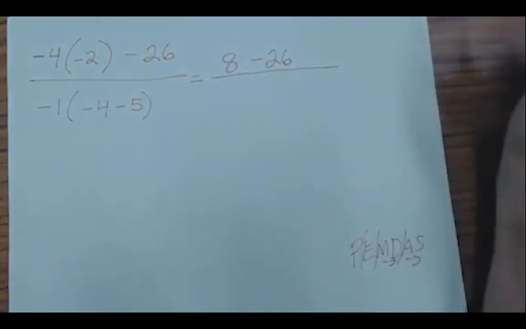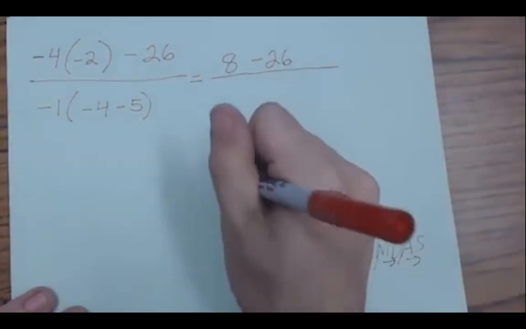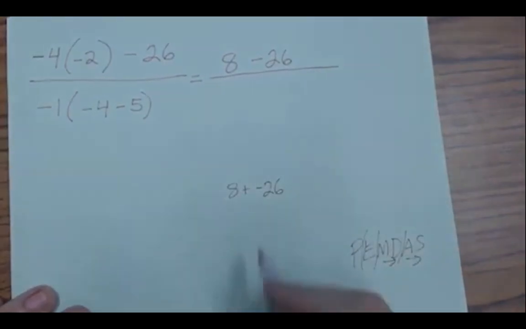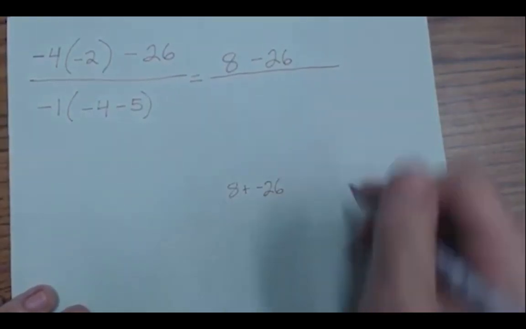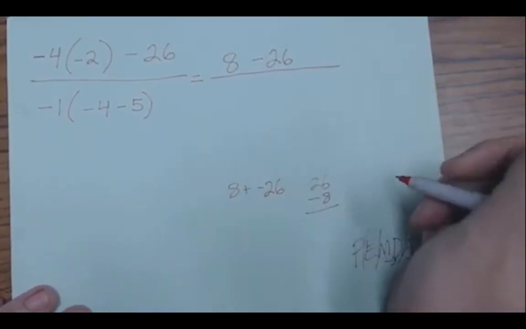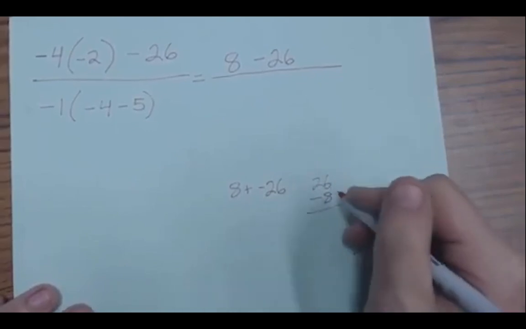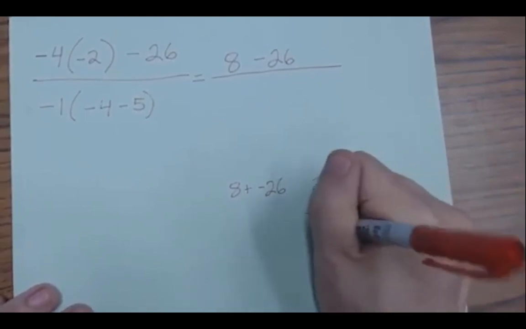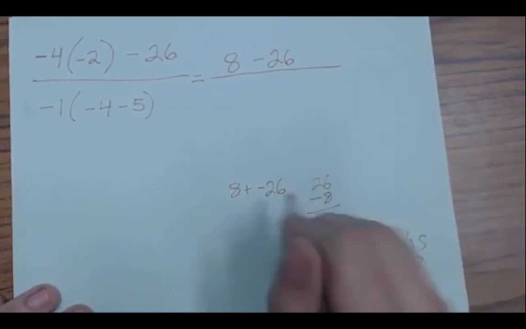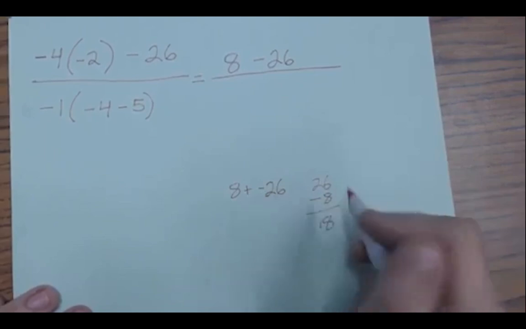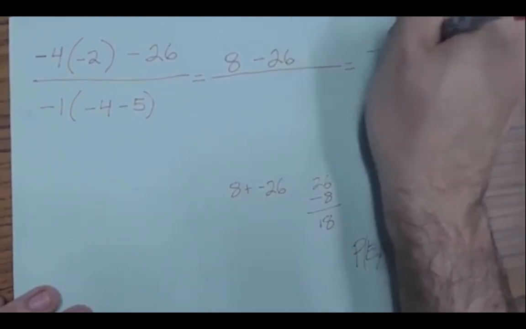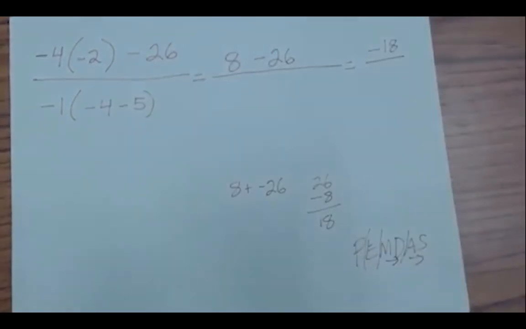And then 8 minus 26 is the same as 8 plus -26. Adding two numbers with different signs, so subtract the numbers. Different is subtract. 26 minus 8 is 18. The larger number is 26. 26 was originally negative, so our answer is negative -18. That's as far as we can take the top for now.